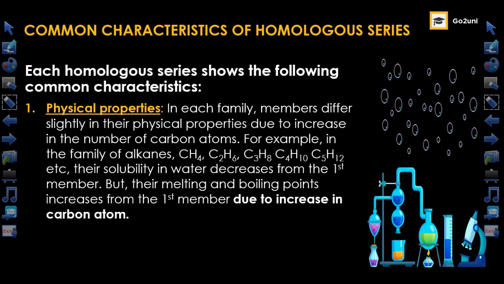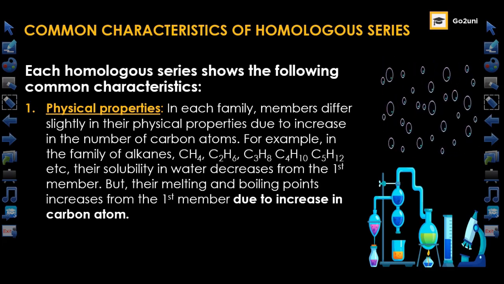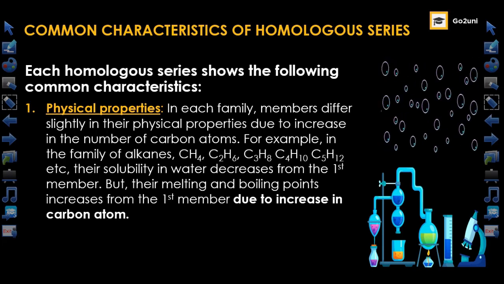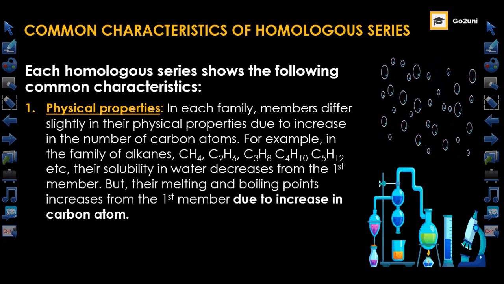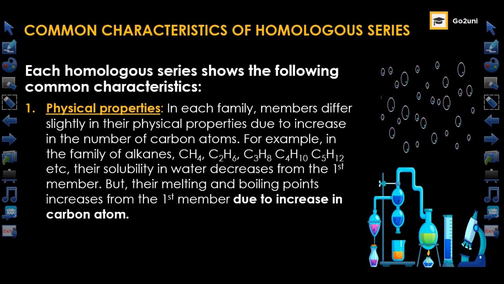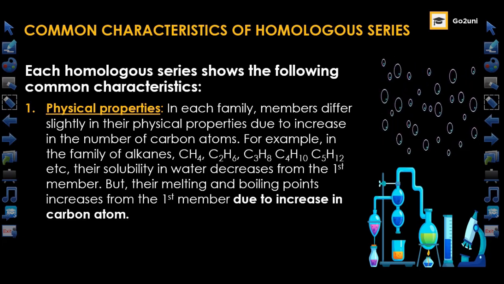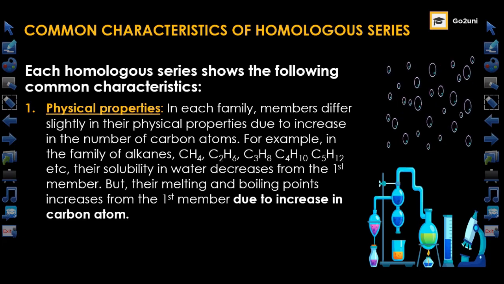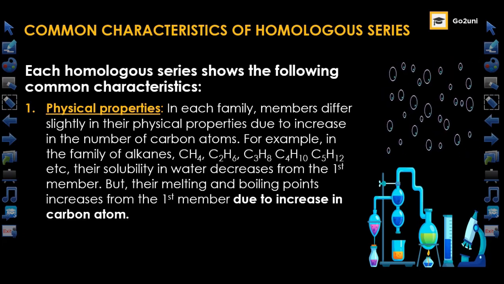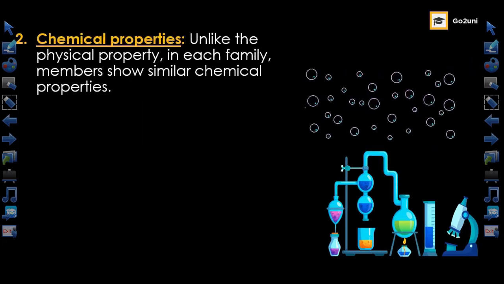So the temperature needed to melt methane will be less than that needed for ethane with 2 carbon atoms and 6 hydrogen atoms. So these are examples of the differences that each member in a given homologous family will have. Having seen physical properties, let us consider their chemical properties.